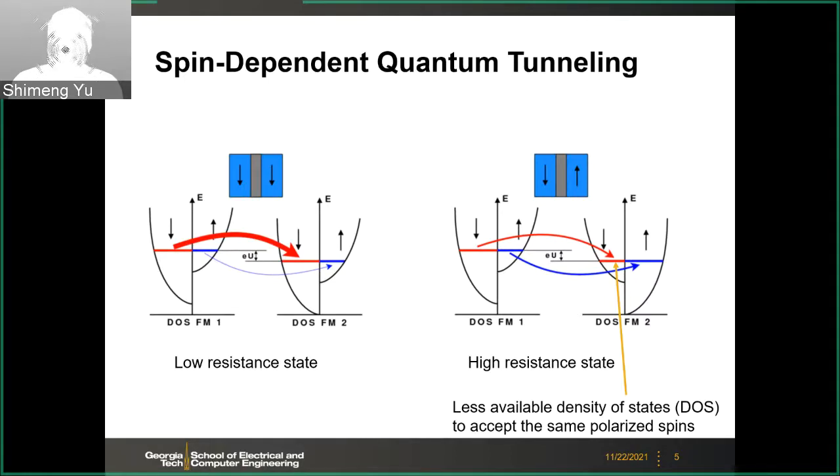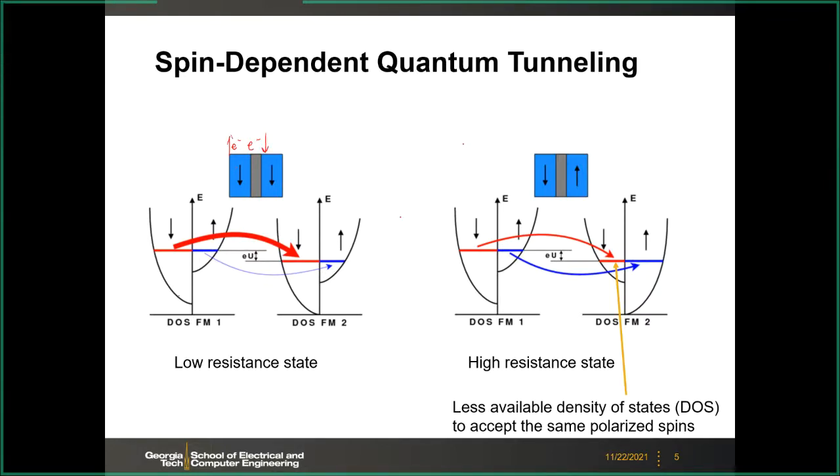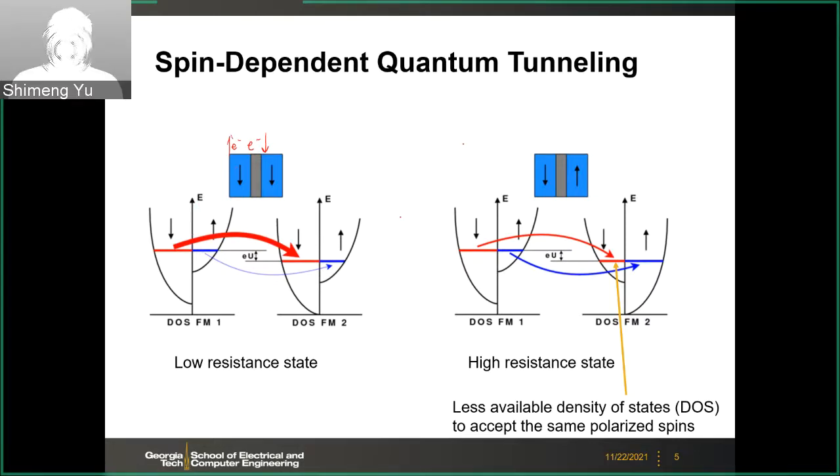Now the parallel state. The two magnetic layers will have the same direction, and in this case, the electrons in those two layers will have both spin up and spin down. Here is the energy diagram, the E-k relationship, and this is the density of states.